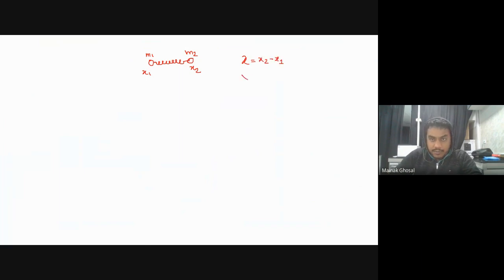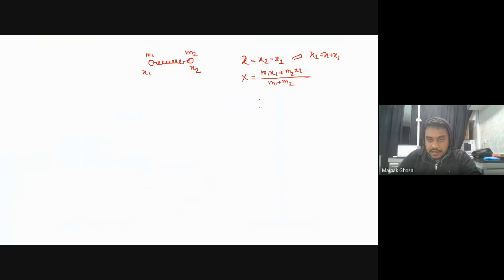And what about the center of mass? The center of mass motion is given by X equals m1 x1 plus m2 x2 divided by m1 plus m2. You need to find x1 in terms of x and m2. From the relative coordinate, x2 is nothing but x plus x1.